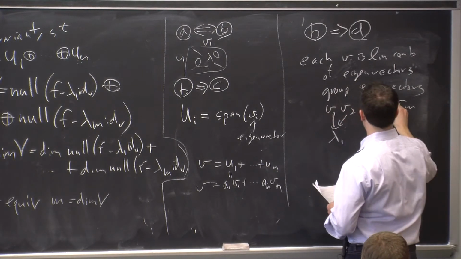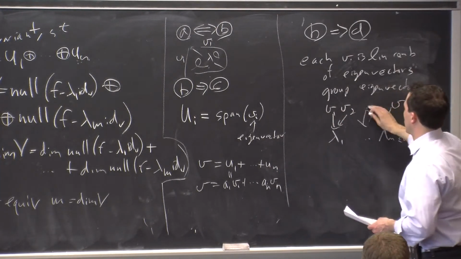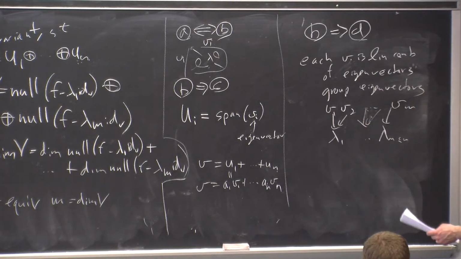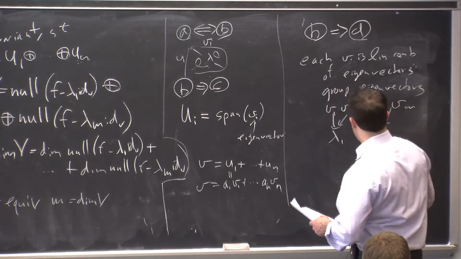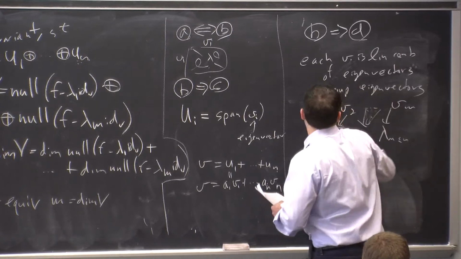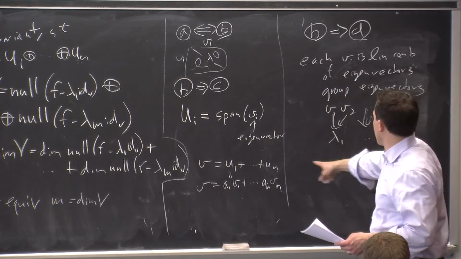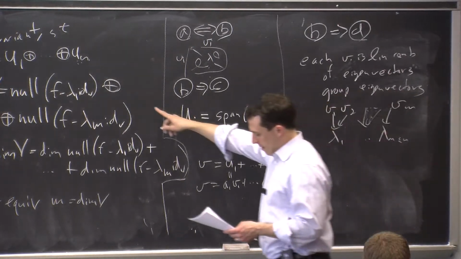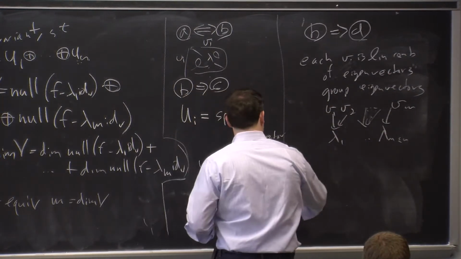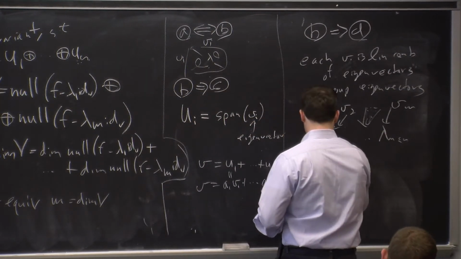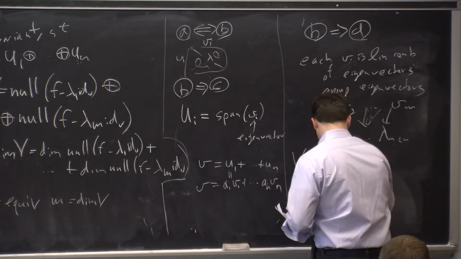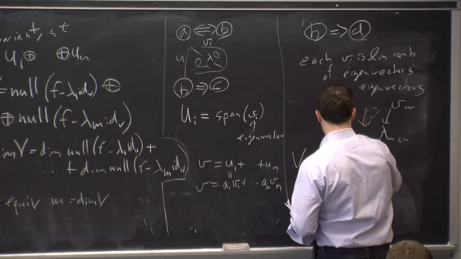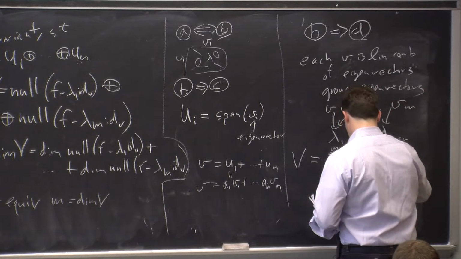Maybe these both go to lambda 1, this one goes elsewhere, so lots of things can happen, right? So we just group those up and take their spans of all of the vectors which belong to this eigenvalue, and that gives us this statement. Well, at least that gives us part of the statement. It tells us that V is a sum from j equals 1 to m of these null spaces.